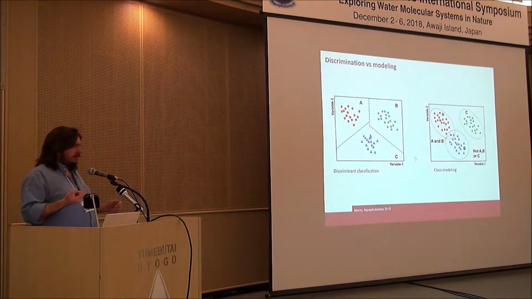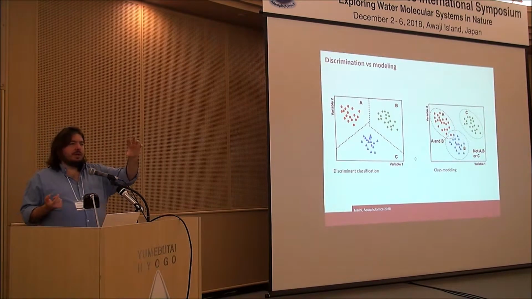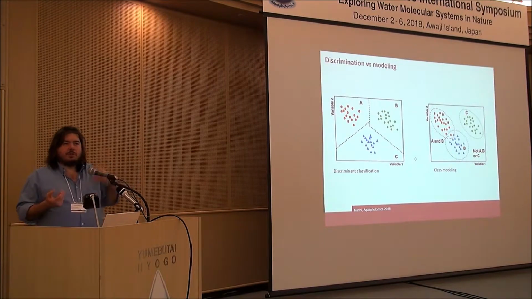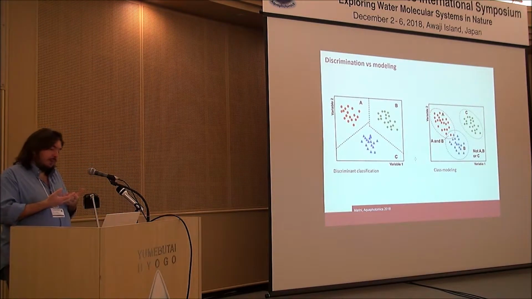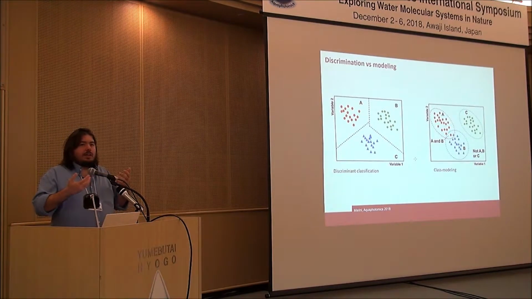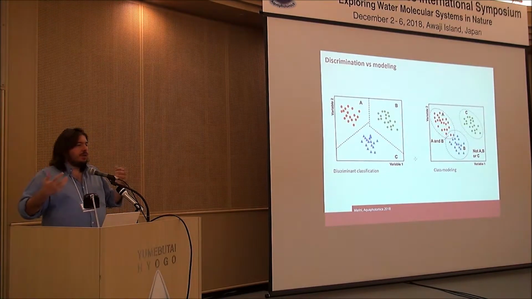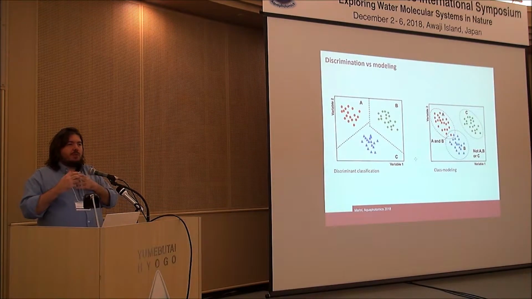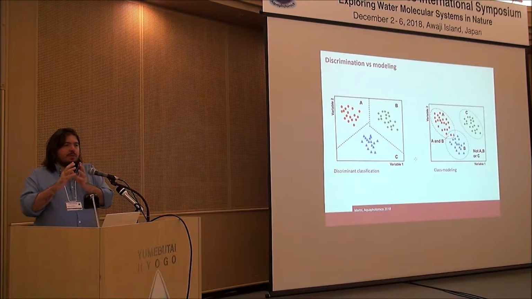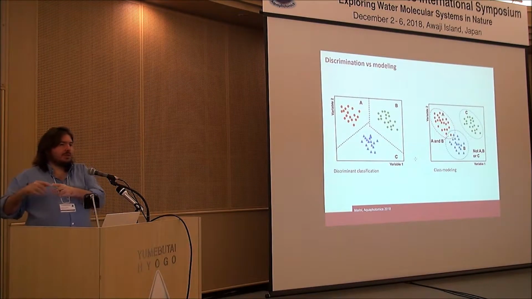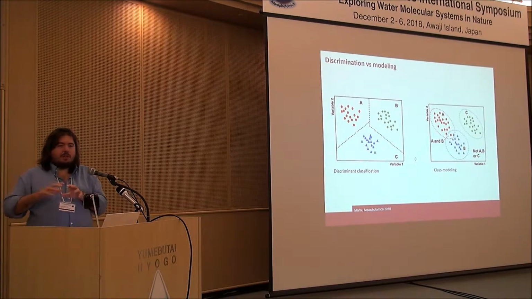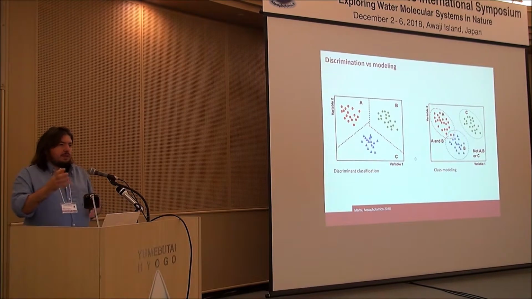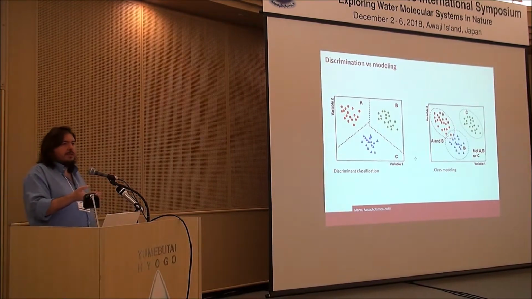So if you want to think of an example in the domain of aquaphotomics, you may think that I have a set of samples with different kinds of solutes, and then I have pure water. And pure water can then be, for instance, my class that I want to model irrespective of what is non-pure water, because the non-pure water class can be quite heterogeneous depending on the design that I've made.